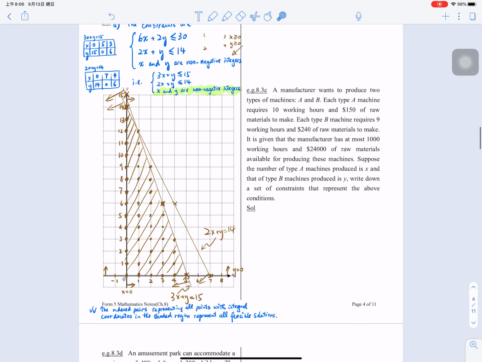Afterward, draw the straight lines. Consider the correct lower half or upper half plane, left or right, top or bottom. Then shade the regions. And according to the x and y conditions, sometimes you need to write down that the integral coordinates only are the feasible solutions. Understand?